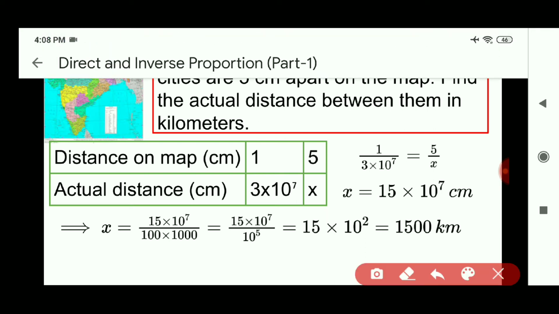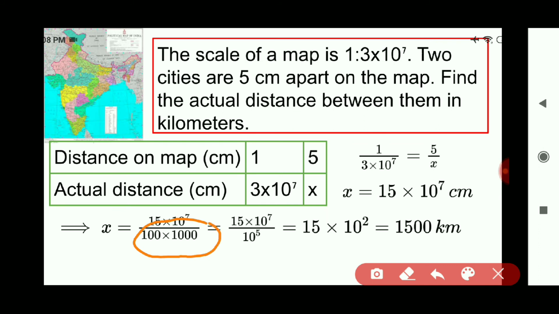Observe here, we are dividing 15 into 10 power 7 by 100 into 1000 because 1 meter is equal to 100 centimeters, 1 kilometer is equal to 1000 meters. That means 100 into 1000 means 10 power 5.